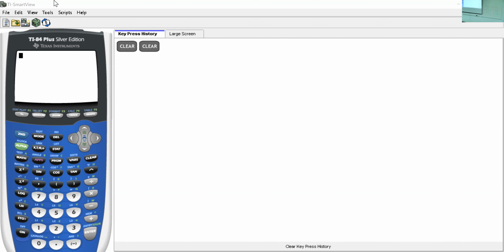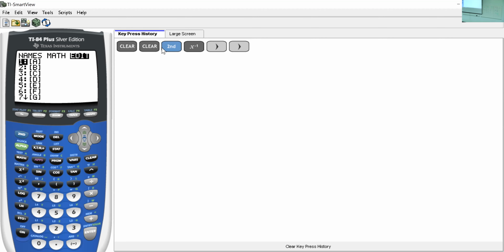Obviously, got to start with matrix one. So press second and x inverse. That is going to give you a bunch of names. These are matrix names defined in your calculator. They don't have values, they're just names. So go over to edit.